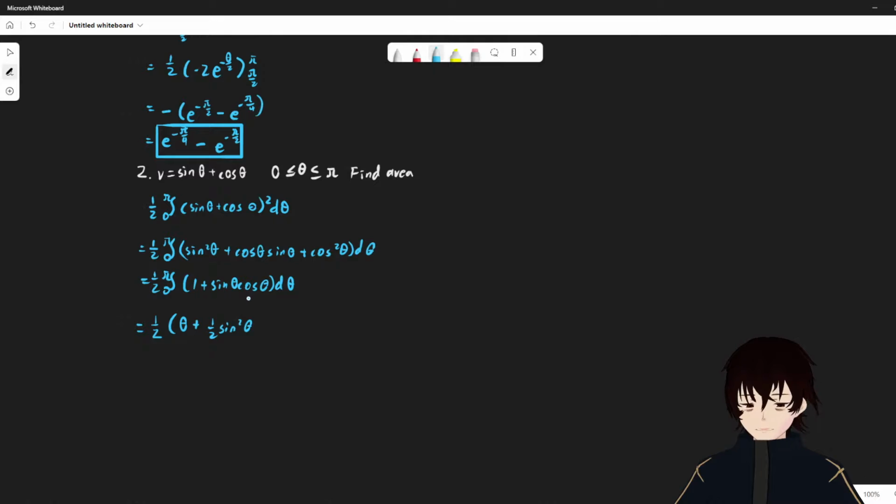Since if we say sine is u, then cosine du. So we get 1/2 u squared. And this goes from 0 to pi. Plug in 0, we get 0, therefore plug in pi, we get pi over 2. Sine of pi is 0, right? Pi over 2, that's right.